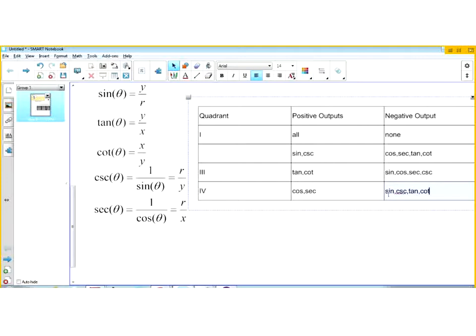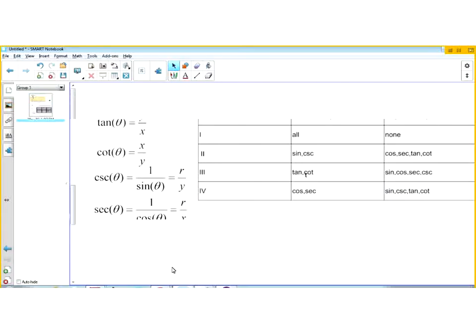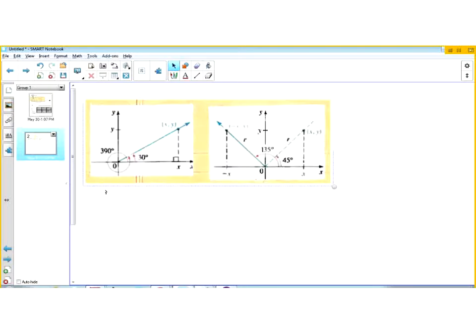So let's look at an illustration on the next page. Okay, so in this illustration, I give some examples of a 30-degree angle and a 390-degree angle being coterminal.